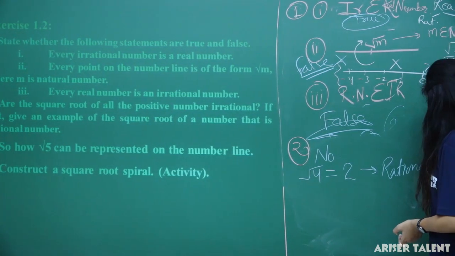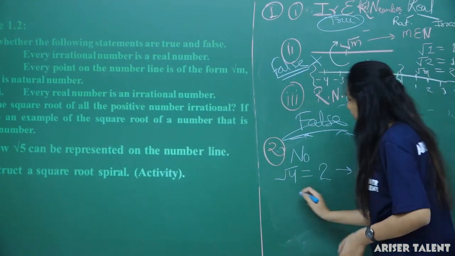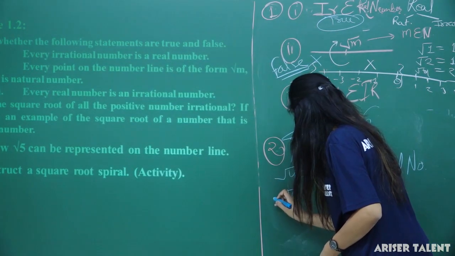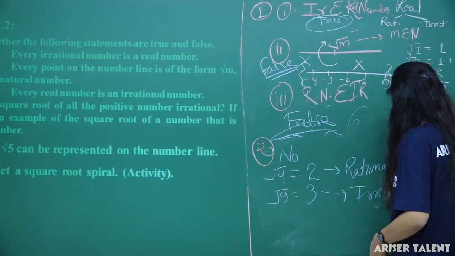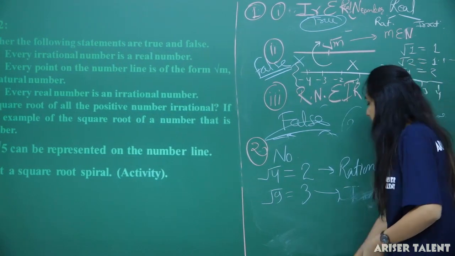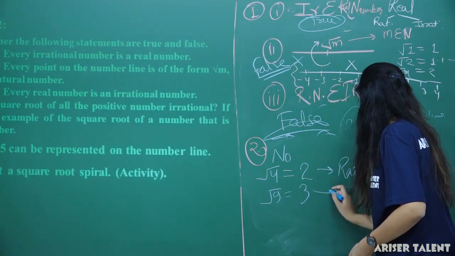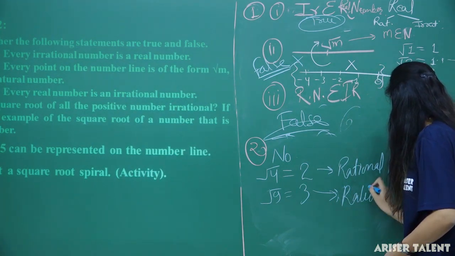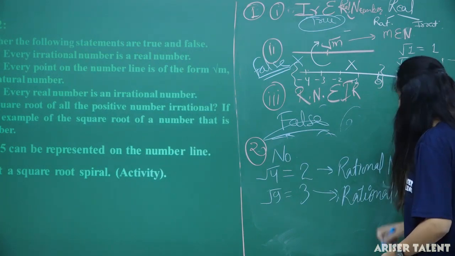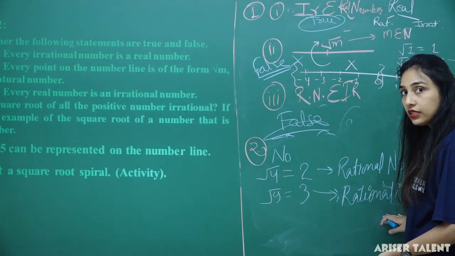Again, root 9 equals 3, which is again a rational number. Right, so understood these two points.